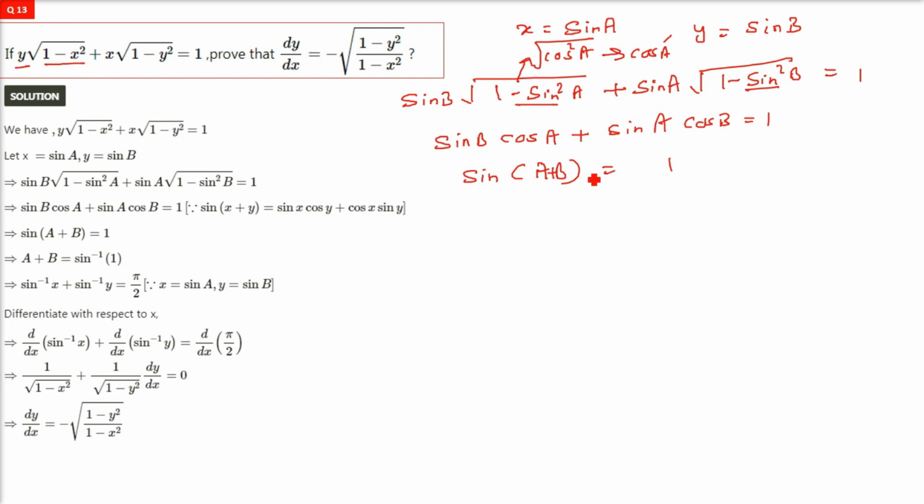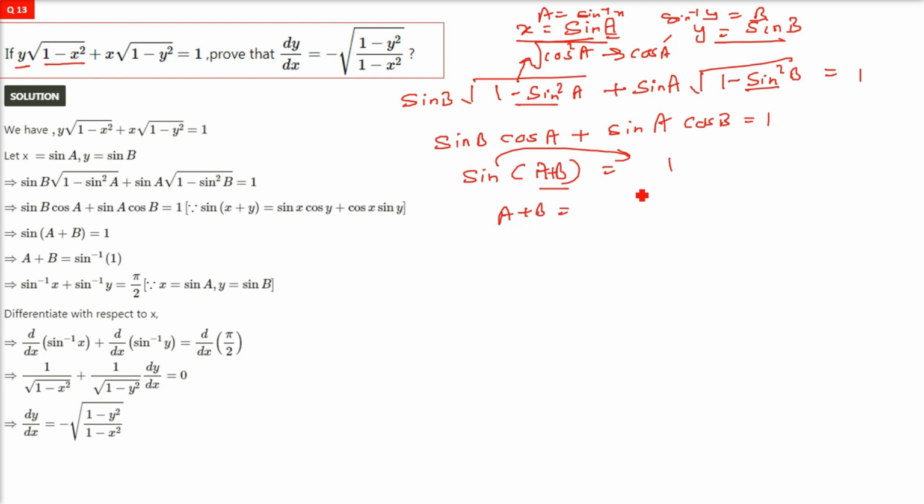So when we differentiate it, what do we do? We cannot differentiate it right now. A and B we have by ourselves included, or you can say evolved. So we have to convert this A in terms of x. So A will be sine inverse x and B will be sine inverse y. And that is what we are going to put. Before that, we have to take this sine on the other side.